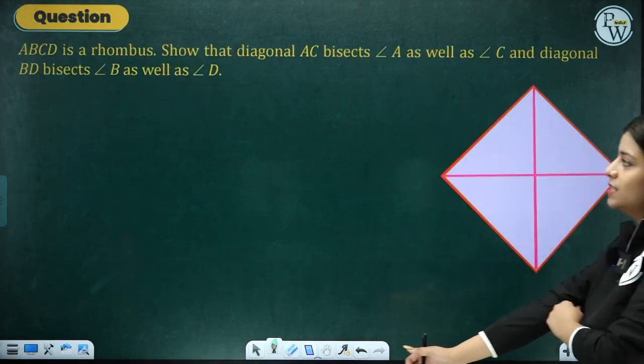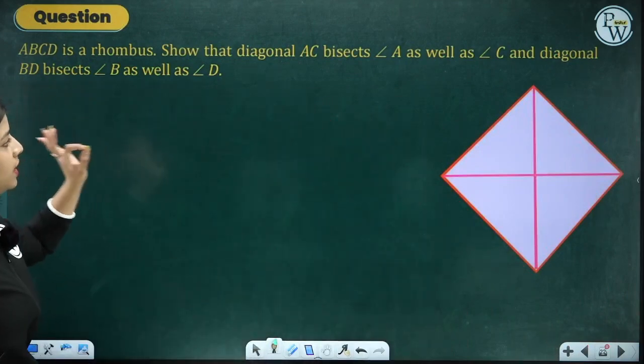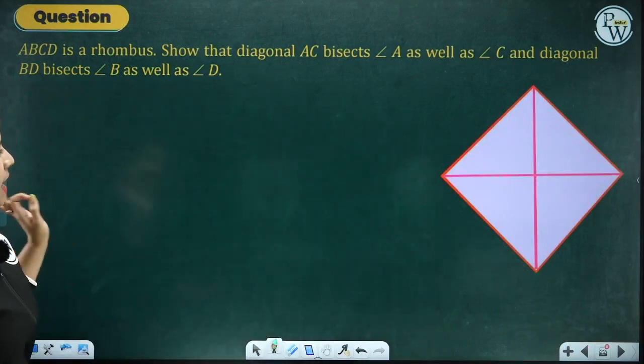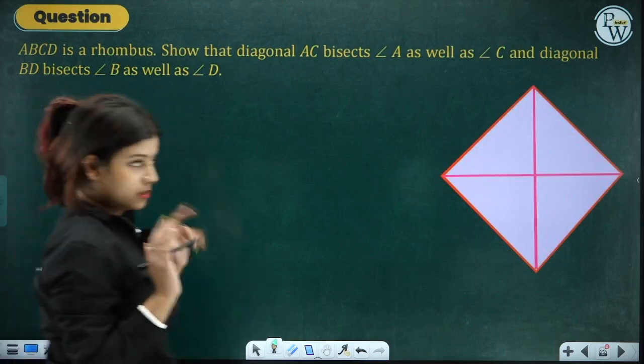The next question says that ABCD is a rhombus, right? Show that diagonal AC bisects angle A as well as angle C, and diagonal BD bisects angle B as well as angle D. First of all, we have to name this rhombus, right?